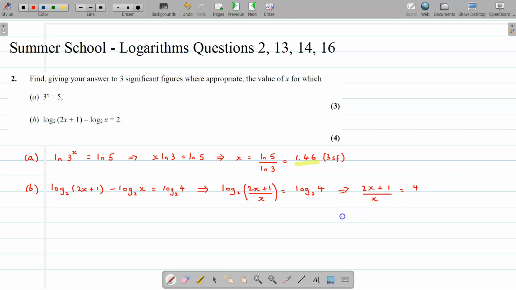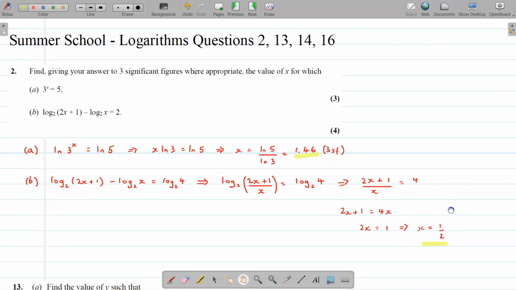Take away from both sides 2x. 2x equals 1. x is therefore a half. And that is your solution to the equation for part B. Once you've removed the logs, it becomes a very simple process to follow.